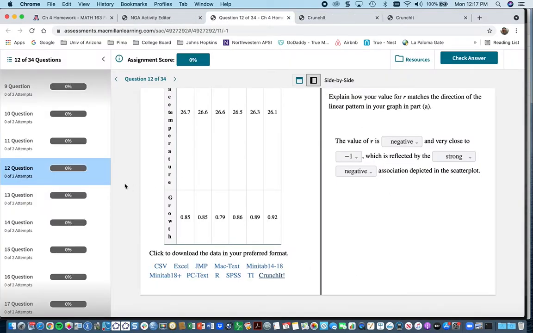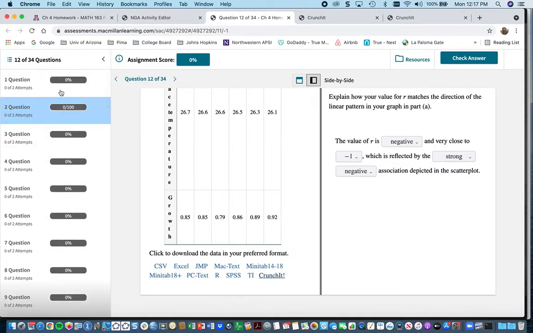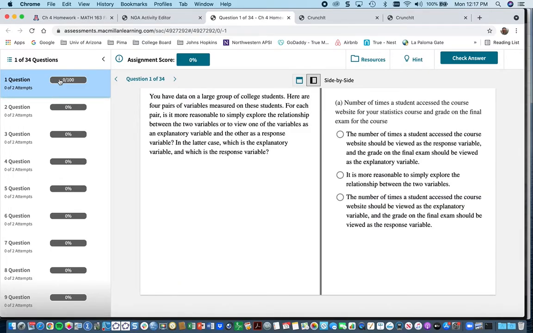So here is the question bank. If we just take a look at this first question, it says, you have data in a large group of college students. Here are 4 pairs of variables measured on these students. For each pair, is it more reasonable to simply explore the relationship between the 2 variables, or to view one variable as the explanatory variable and the other one as the response?